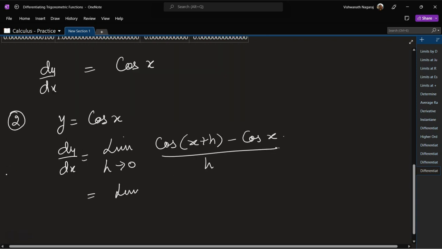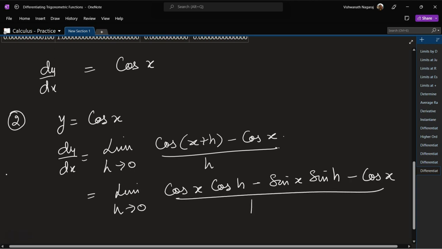So this gives us the limit as h approaches 0 of cos x plus h, which will be cos x times cos h minus sin x sin h, minus cos x, divided by h.